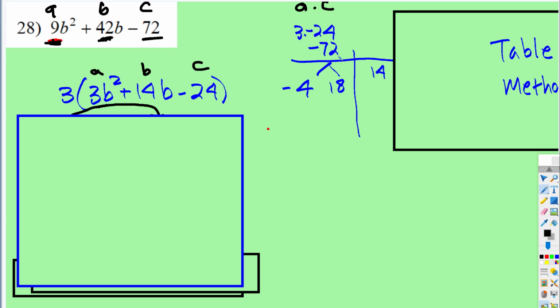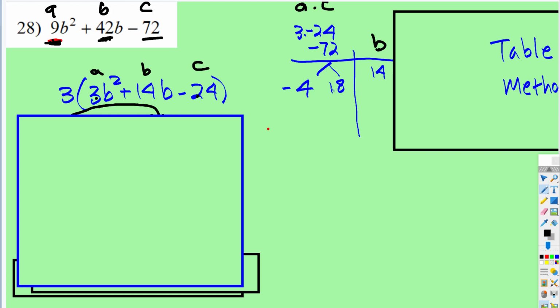Factors of negative 72 that add up to B. So A times C, factors of that add up to 14. Well, that's negative 4 times positive 18, which multiplied to be negative 72, and negative 4 plus 18 add up to be 14.